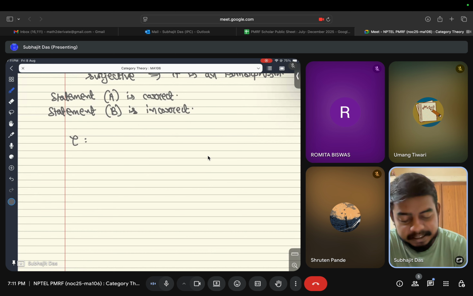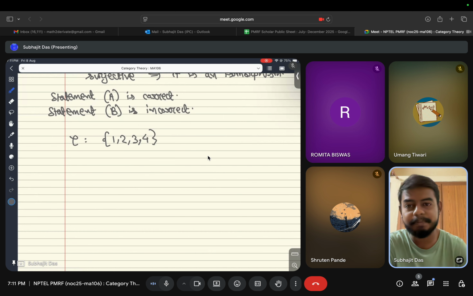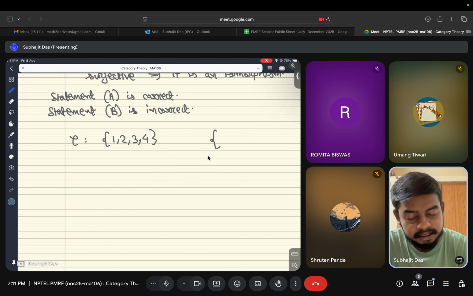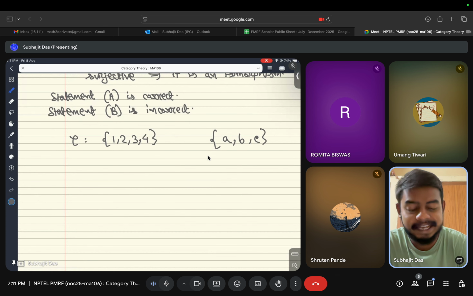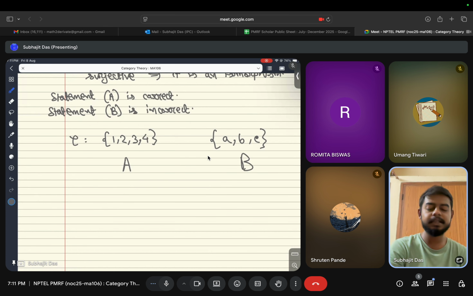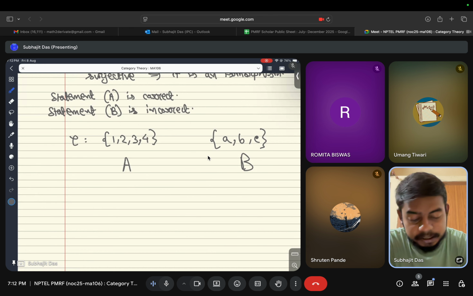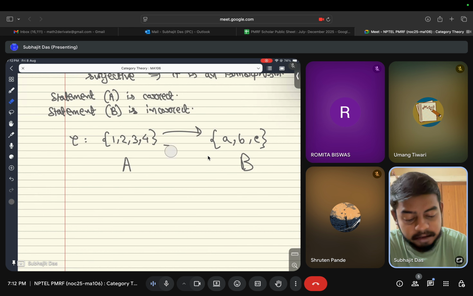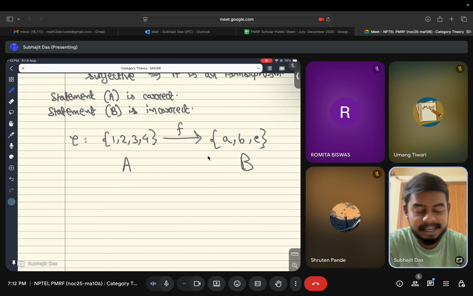But let's take this. Let's take a 4 element set, 1, 2, 3, 4. This is one object in your subcategory. Take let's say a 3 element set, A, B, C. This is another object. So this is your object A, this is your object B in the subcategory, and you take one arrow, that is one set map, which is this F. What does F do?